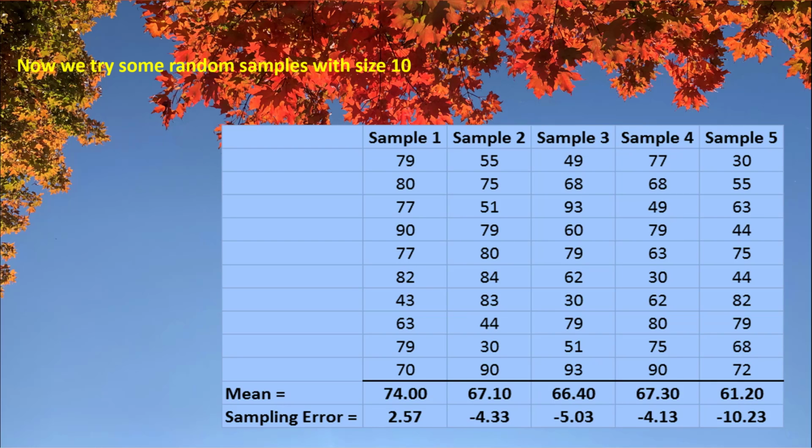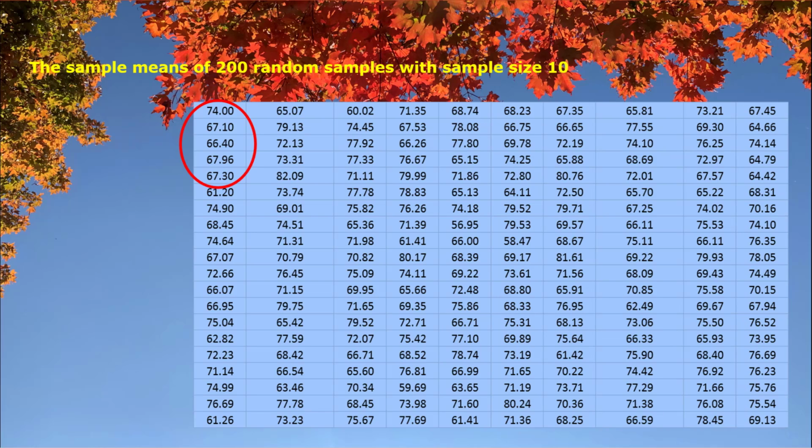Now we try some random samples with size 10. Here we have a list of 5 simple random samples. We can also see they have different means and they have different sampling errors.